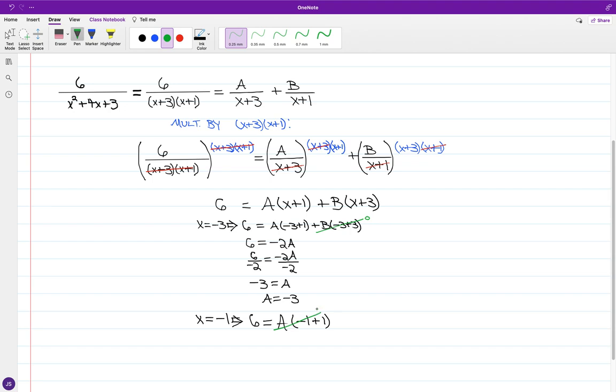Again, this is going to be zeroed out. And we have plus b times the quantity of -1 plus 3. So we have on the left, we still have 6, and b times the quantity -1 plus 3, so this will be 2b.